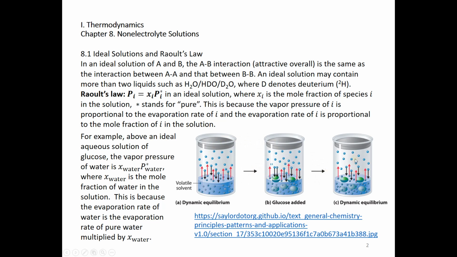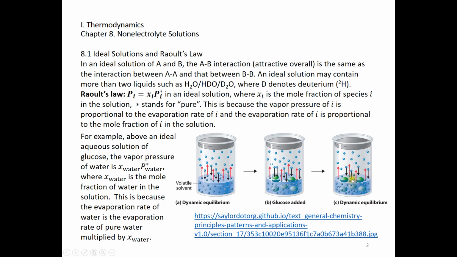Eventually, the liquid phase and gaseous phase of water will reach equilibrium, and at that point, the partial pressure of water in the gas phase drops to also 80% of the initial value.